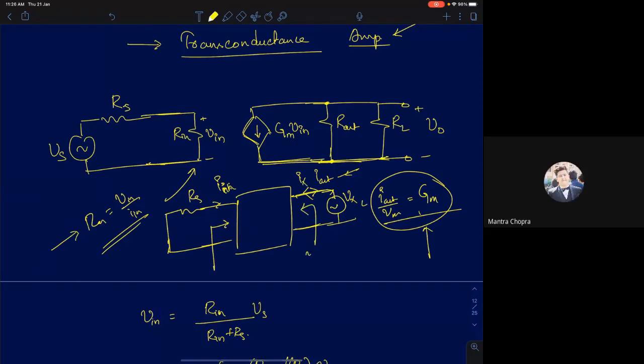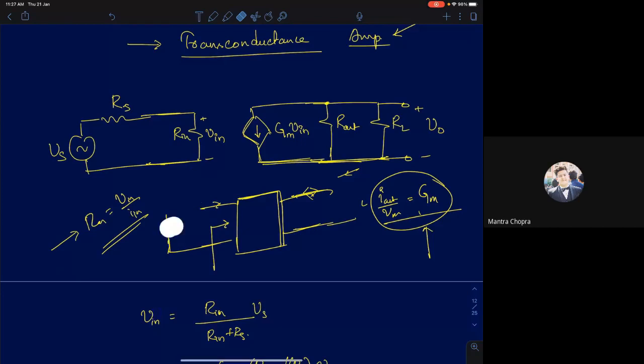So let me discuss Rin again. How do I measure Rin? It can be any amplifier, transconductance, voltage amplifier, any amplifier. It's a two-port device. What should you do? Remove your input source completely. Then keep your load resistance as it is.